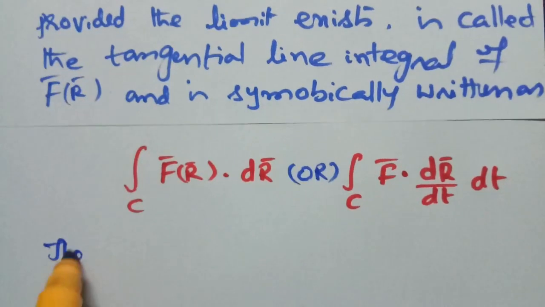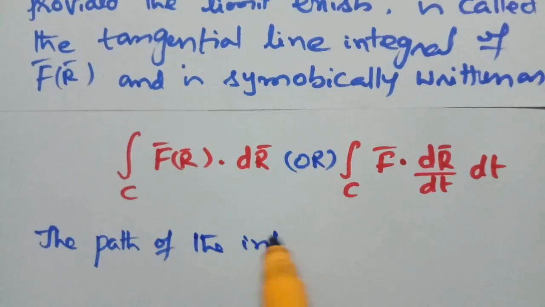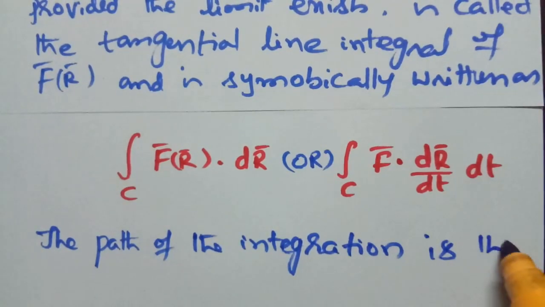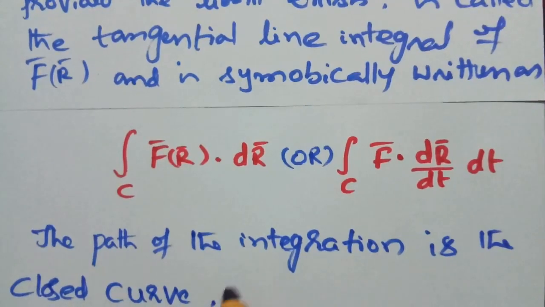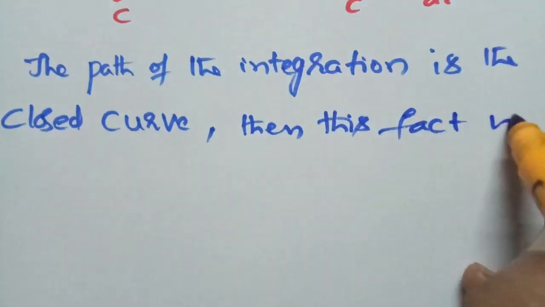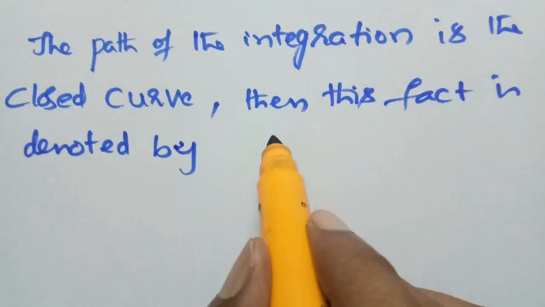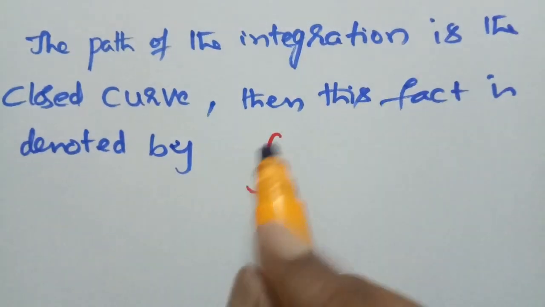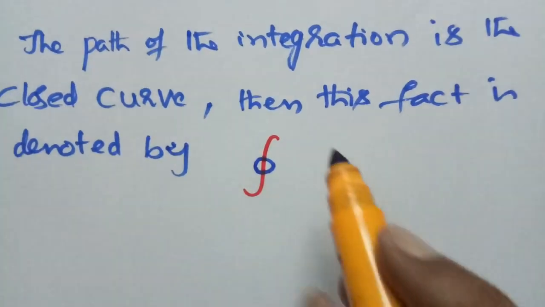If the path of the integration is a closed curve, then this fact is denoted by an integral with a circle over the integration symbol.